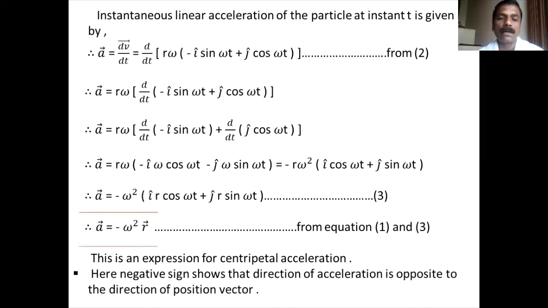So you should remember this is the equation in vector form, that is a bar is equal to minus omega square into r bar. In magnitude only we can say a is equal to r omega square. So this is the explanation regarding uniform circular motion centripetal acceleration.